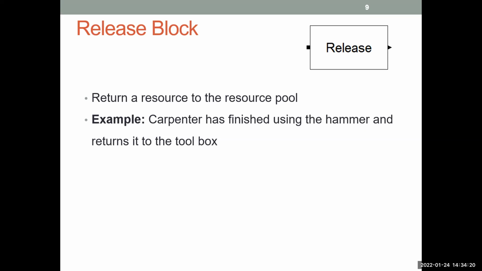So for example, a carpenter has finished using the hammer and returns it to the toolbox. So those 3 blocks, the seize, delay, and release, are going to be used to represent the resource in the model.